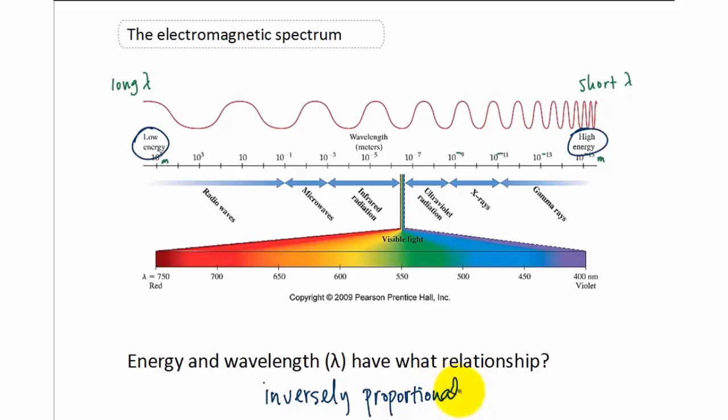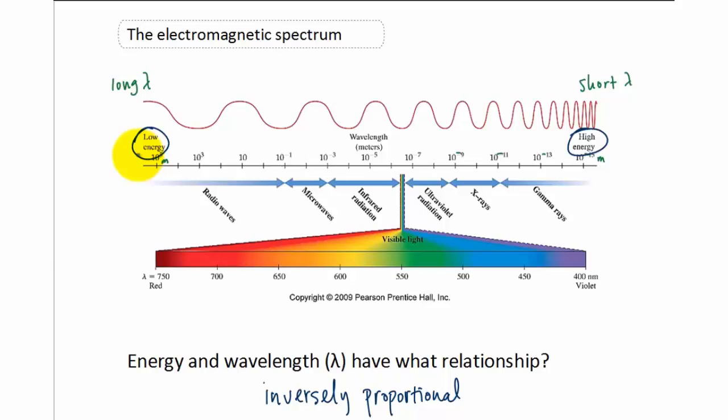And that means whenever something is inversely proportional, as one thing increases, the other thing decreases. So as we go from lowest energy to highest energy, the wavelength actually decreases. The wavelength gets shorter. Okay? Or as you're going to longer wavelengths, it has lower energy.